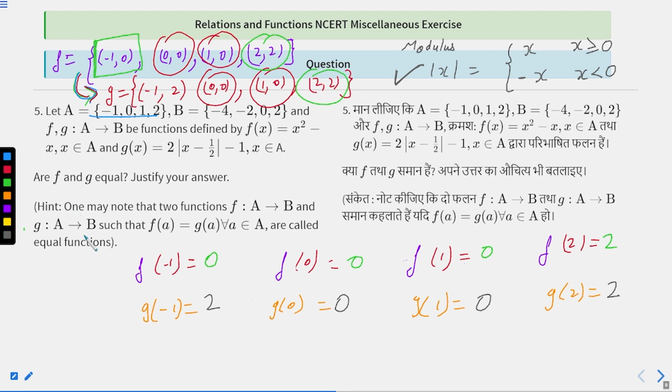So I calculated every output for f1. As you can see, f of -1, as f(x) is equal to x square minus x, and f of -1 will be what? (-1) square minus (-1), you will get 1 plus 1, so you will get 2.